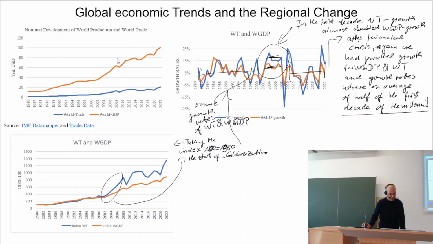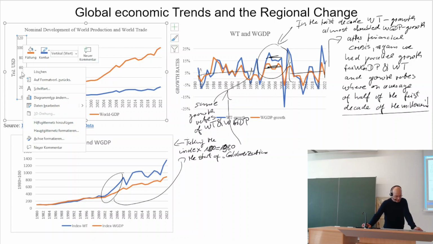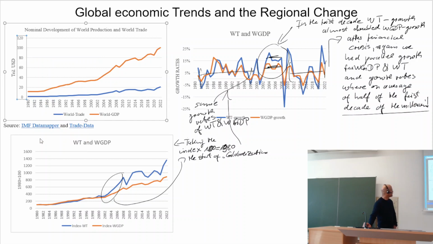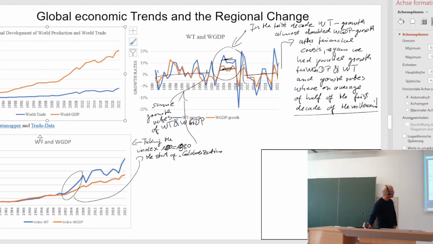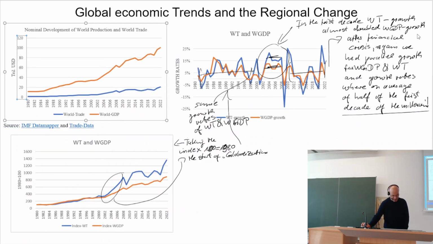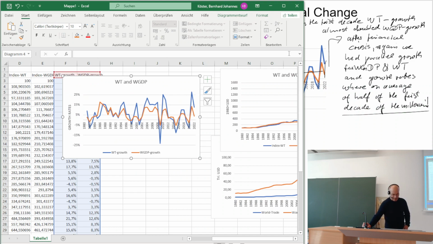Well, and one last manipulation I want to show you. What you also can do is, I think I can click in here. No, can I click in here? Yeah. There you can format also the axis. Oh, this you don't see within here, so I do it in Excel.